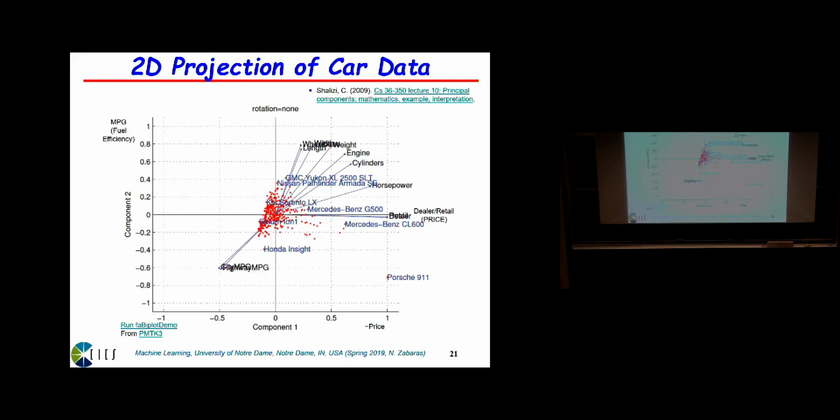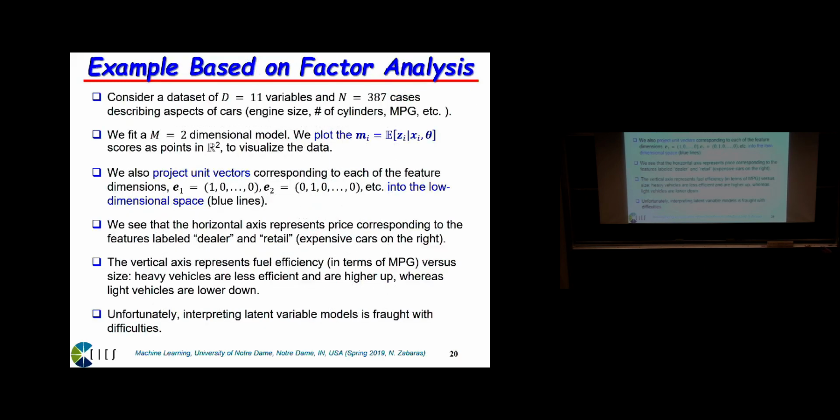This is from Murphy's book, but before even Murphy's book came about, I participated in a PhD exam somewhere in Germany, and the student basically did model reduction of lots of data from different manufacturers of cars in Germany. What we have here is data that lives in 11 dimensions. We have 387 data points corresponding to different types of cars.